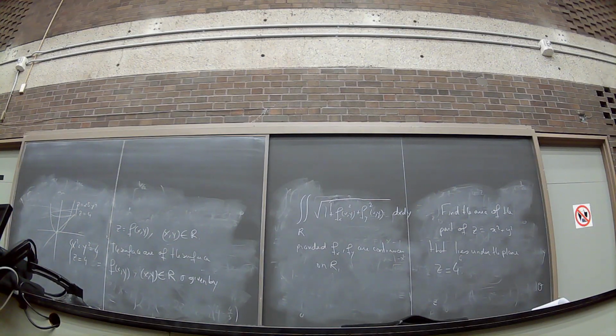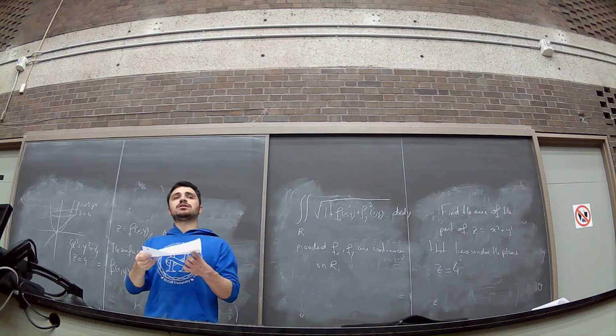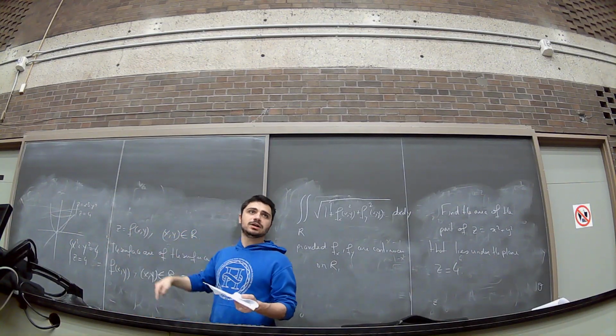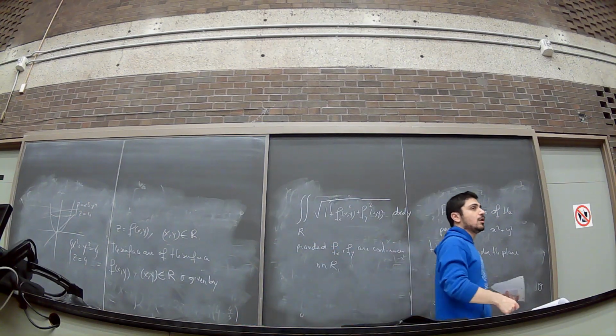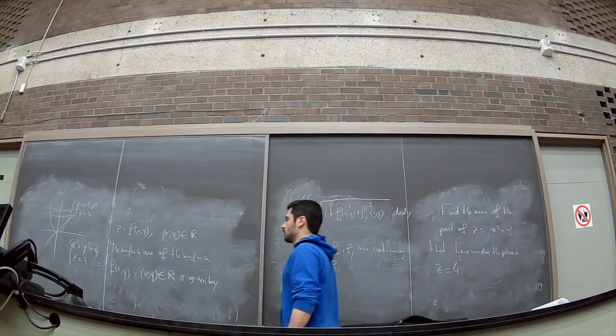So, what is the part of the surface that lies below the plane? How can you describe x and y? Where do x and y range? They range in the disk of radius 2 centered at 0, right?